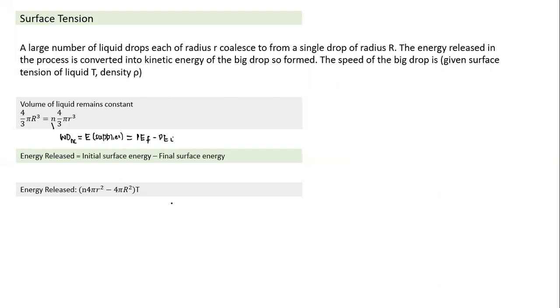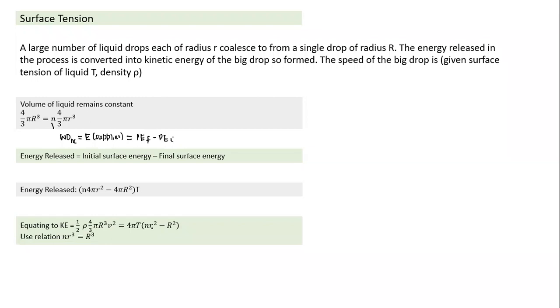So this is the energy released, and this energy is converted into kinetic energy. So what we do is equate this entire thing to kinetic energy. Kinetic energy equals 1 by 2 m v square. The mass of the big drop formed is written in the form of density and volume, into v square. That's the equation we form here, and we need to find the velocity here.